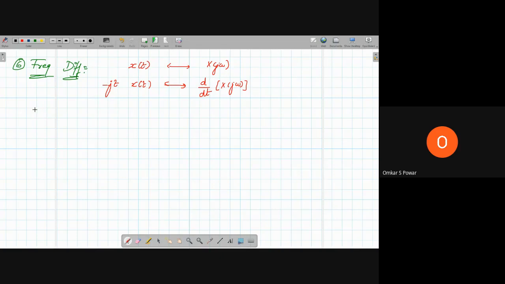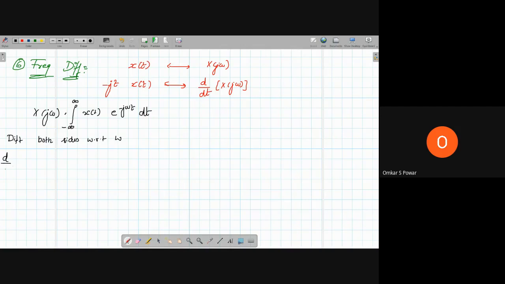So we know that X(jω), the Fourier transform formula, is equal to integral from minus infinity to infinity x(t) e^(−jωt) dt. This is our Fourier transform formula. We will differentiate both sides with respect to ω.